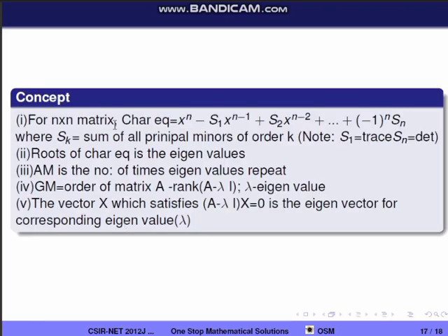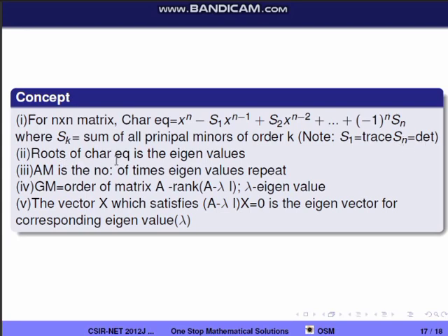For an n by n matrix, we can write the characteristic equation as x^n minus S1 x^(n-1) plus S2 x^(n-2) and so on, up to plus or minus 1 whole power n times Sn, where Sk is the sum of all principal minors of order k. So S1 is the trace of the matrix and Sn is the determinant of the matrix.